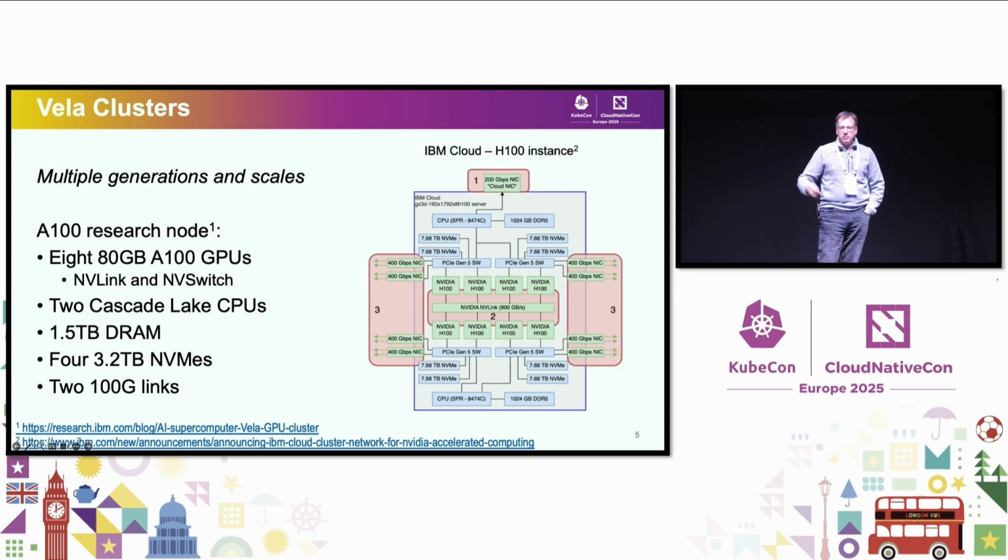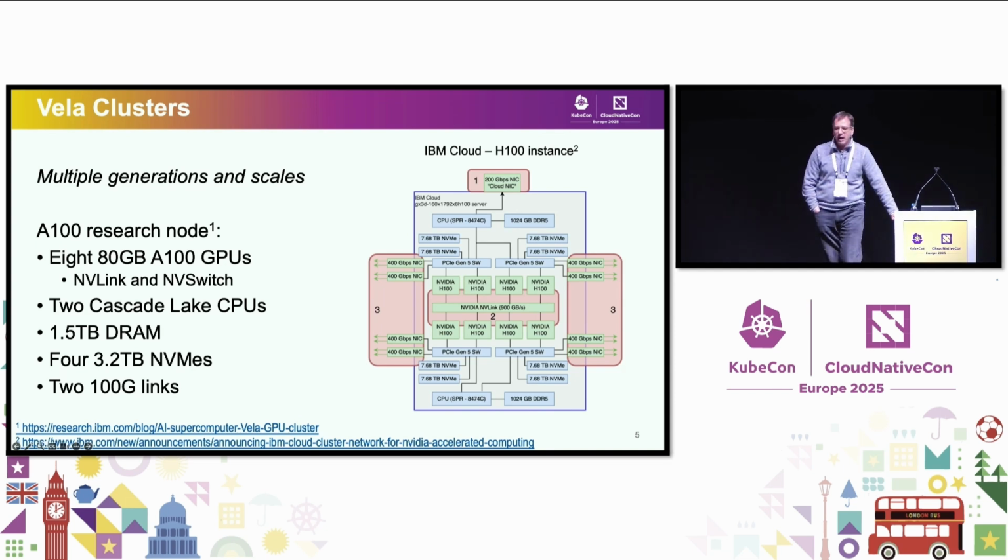On the right, something more recent, which is an H100 node. The key characteristics of these nodes is they have a high density of GPUs, right? So they have 8 GPUs in both of these pictures. And then lots of compute, CPUs, memory, local storage, high-performance network, and so on. So that's the kind of thing we want to run with.